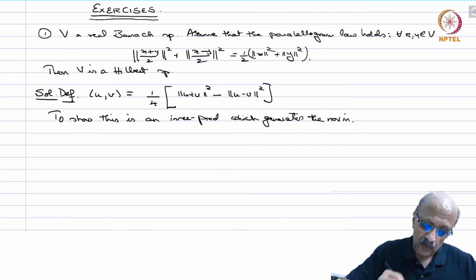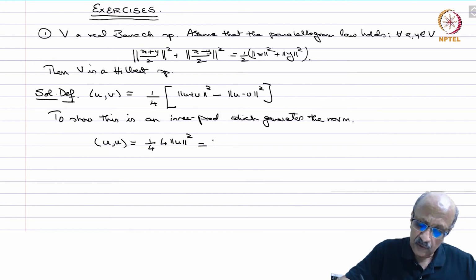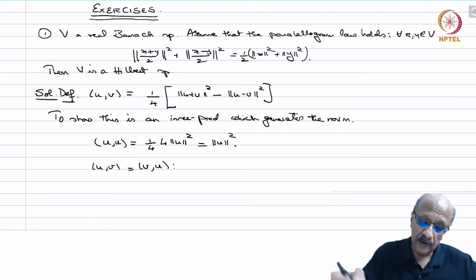Generating the norm is very easy, because if you take (u,u), that is equal to 1/4 of norm u plus u, which is 2u, so you get 4 norm u squared, and the other term is 0, so that's equal to norm u squared. So it certainly generates the norm, there's no problem with that. And also it's easy to see that (u,v) equals (v,u). That's obvious from the definition.